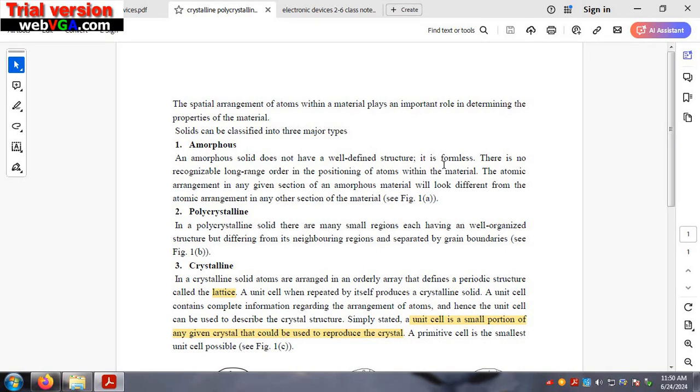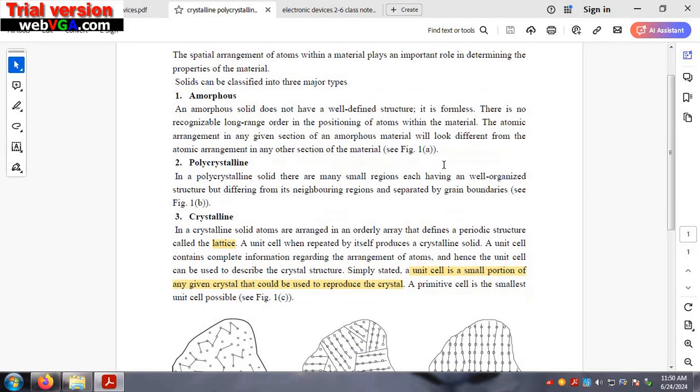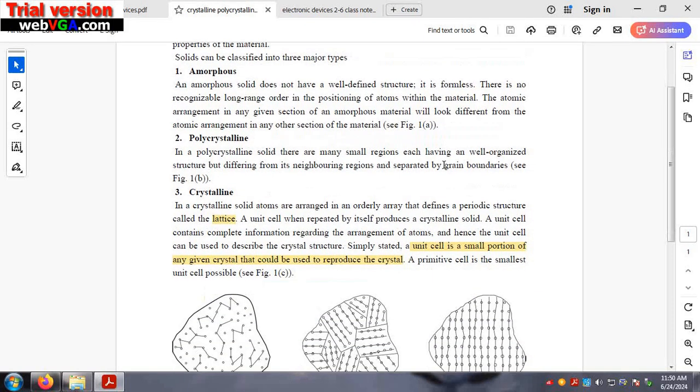If we consider the atomic arrangement inside the solid, then solids are mainly classified into three major types. What are those? Amorphous, polycrystalline, and crystalline. Already I told you that here you have to learn how the atoms inside the crystals are arranged. So first I will discuss the amorphous one.